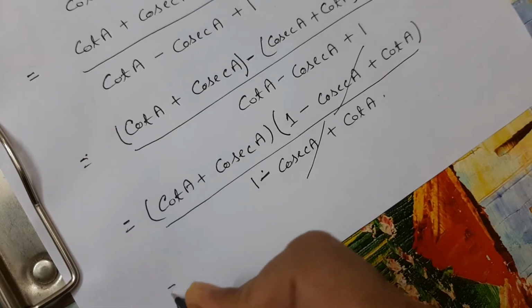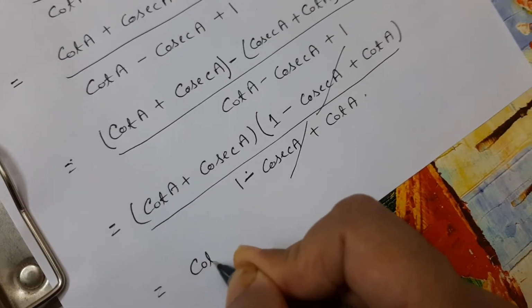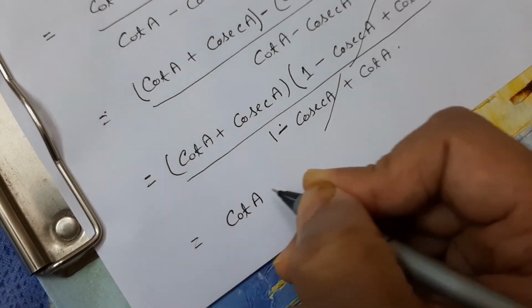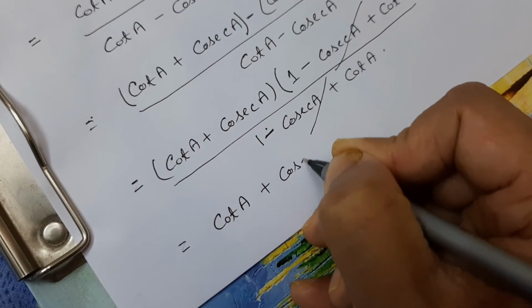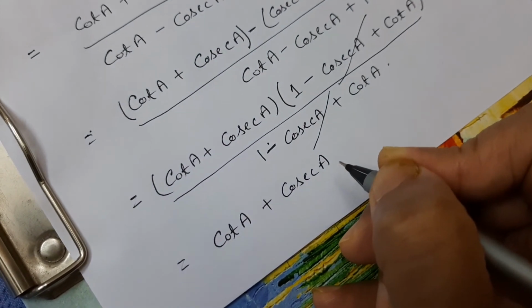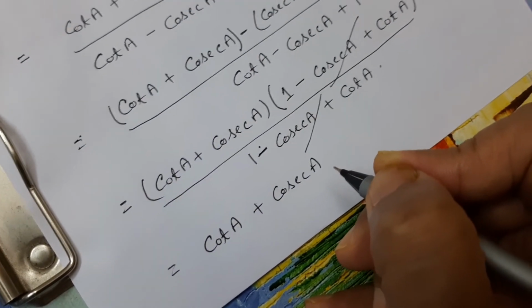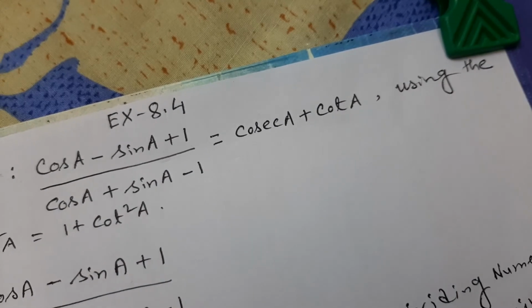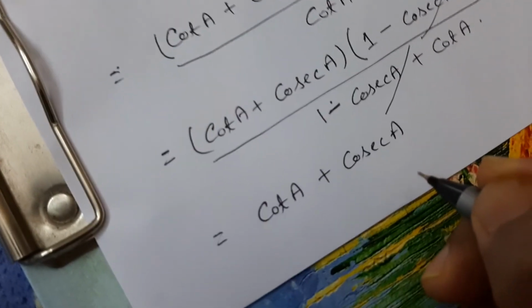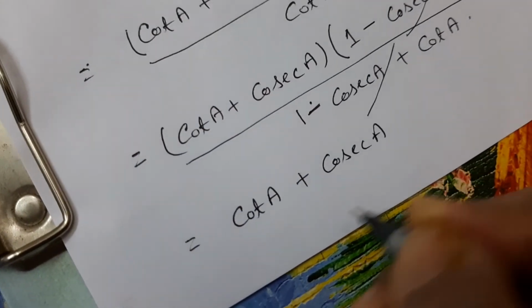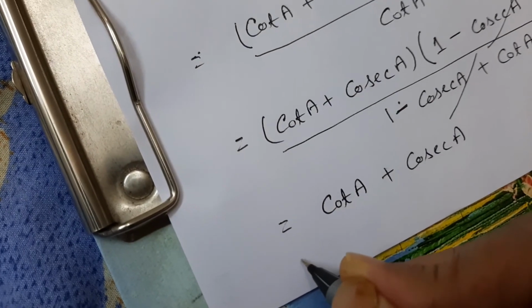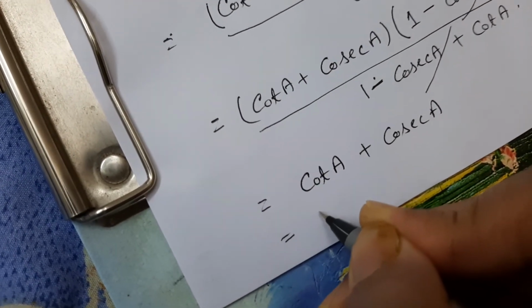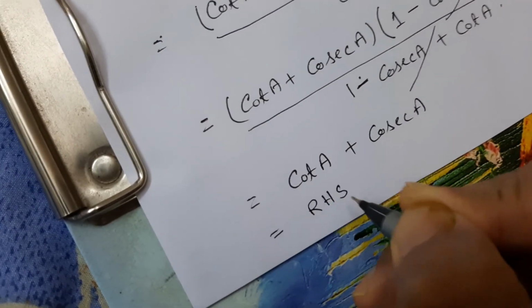So this equal to cot A plus cosec A. And see the right hand side also cosec A plus cot A. So these two are same, cosec A plus cot A. So you can write this equal to right hand side.